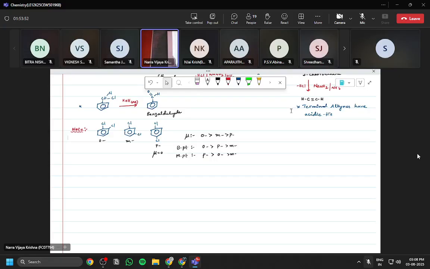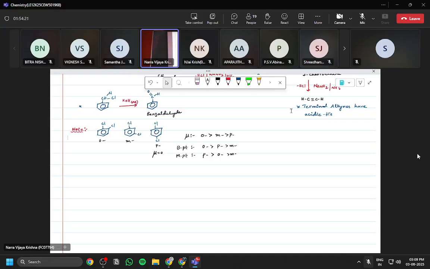Listen again. In case of para, the molecule is symmetrical. Symmetrical molecules can be arranged more effectively. Then what happens to volume? Density? Then packing. So I have to spend more energy per unit area. Correct or not? Then melting point will be high.